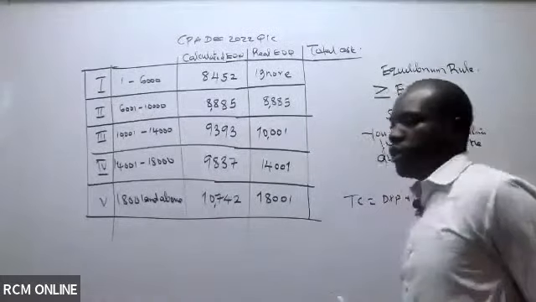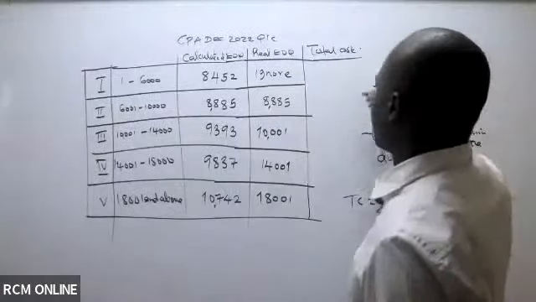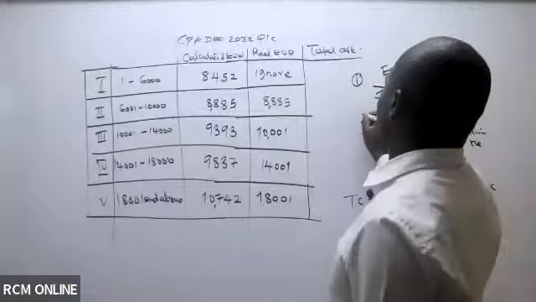For the discount to do what? To apply. So you have to comply with these two. This is rule number one. This is rule number two.